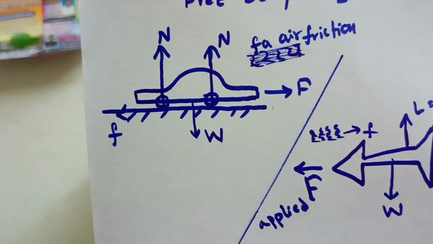Draw the free body diagram. Right. Whenever you talk about a force, you should tell what the force value is and what the direction of the force is. Why? Because force is a vector. A vector is a physical quantity that has magnitude and direction.